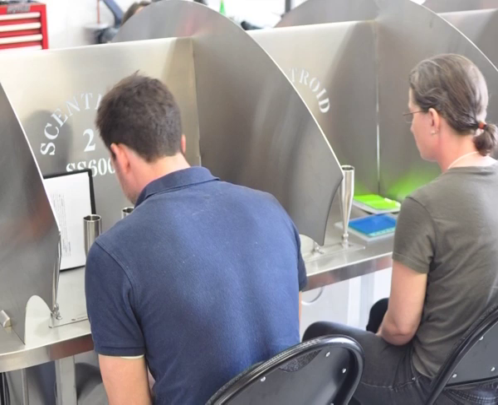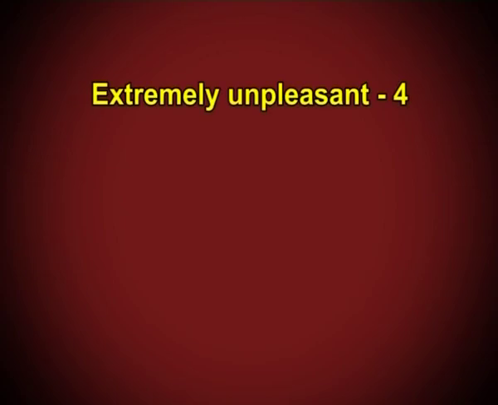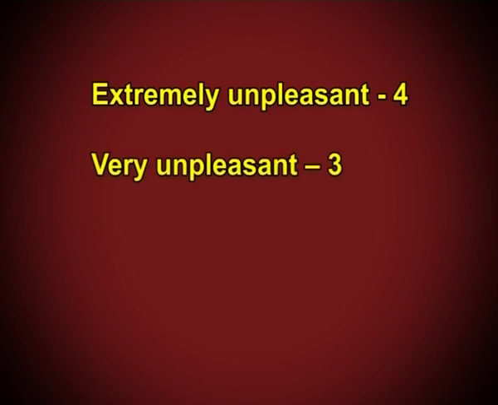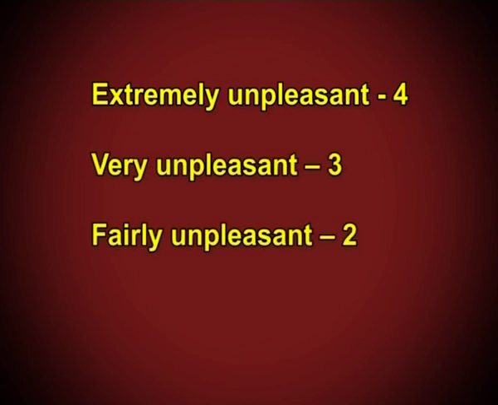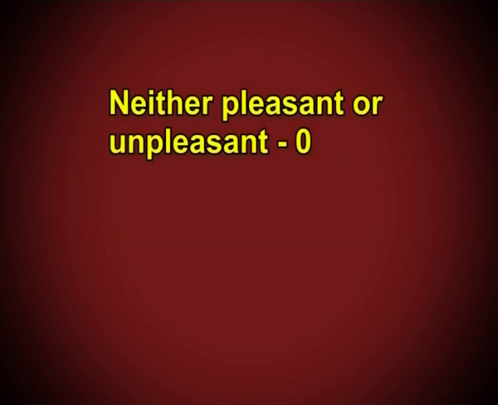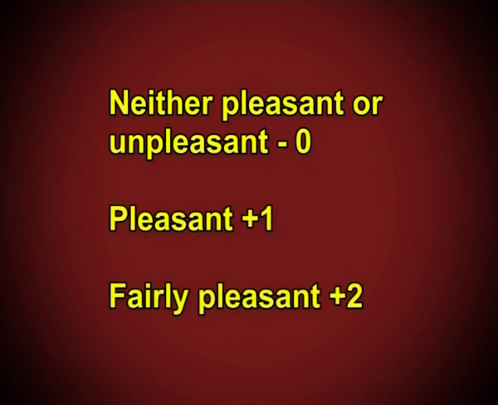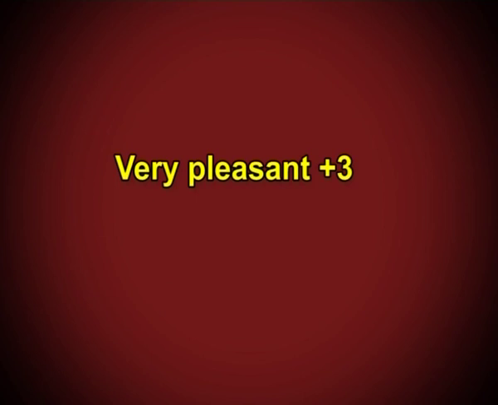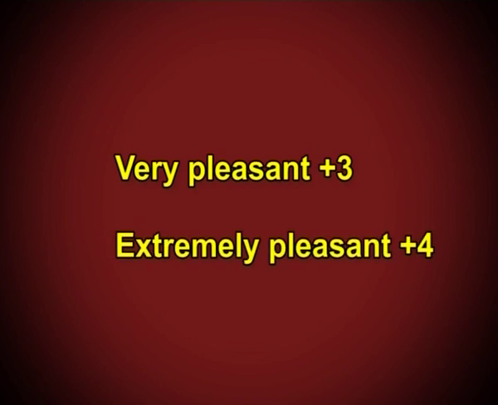It is described as extremely unpleasant -4, very unpleasant -3, fairly unpleasant -2, unpleasant -1, neither pleasant nor unpleasant 0, pleasant +1, fairly pleasant +2, very pleasant +3, and extremely pleasant +4.